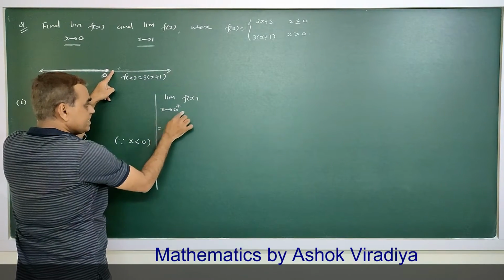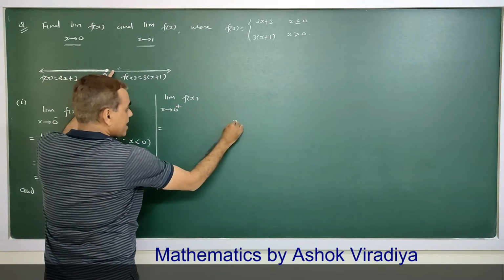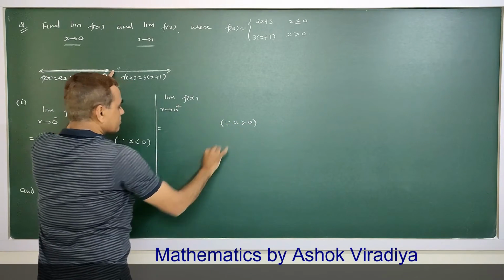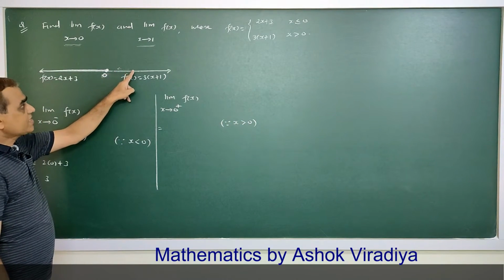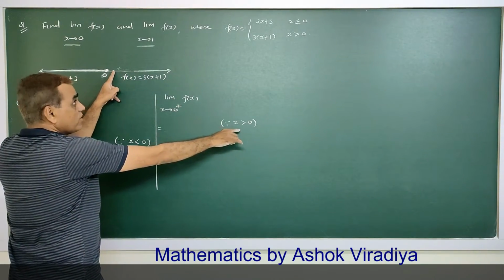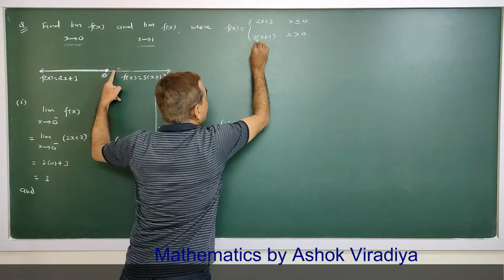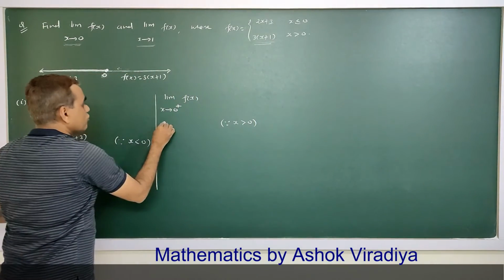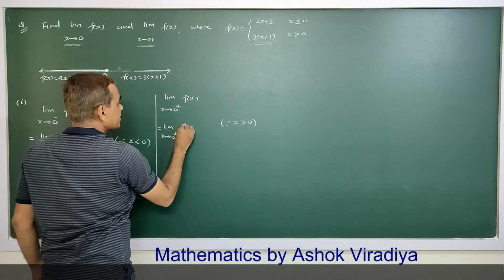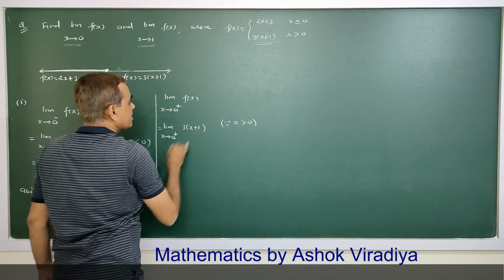This means when this is happening, x is more than 0. And if x is more than 0, this is f(x). So in this case, f(x) is 3 times x plus 1.